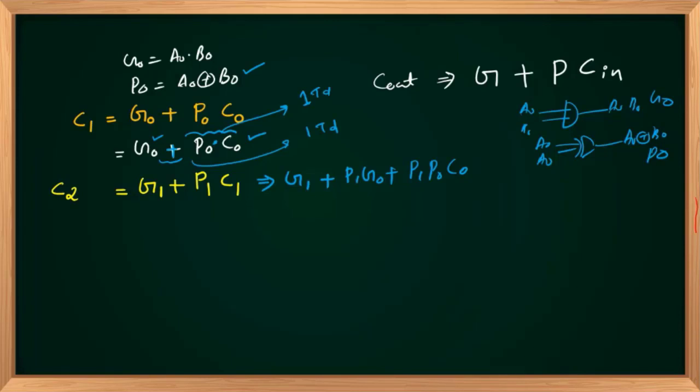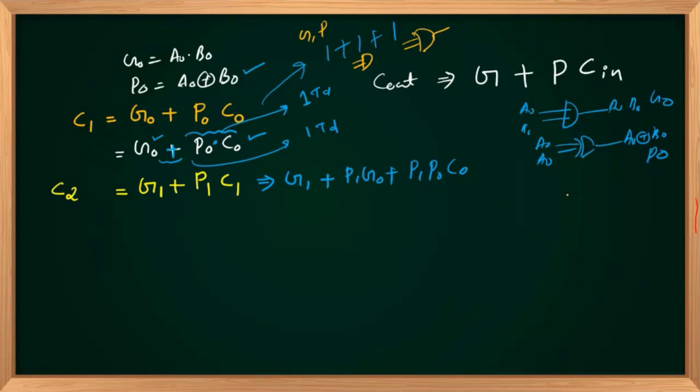So I will write it as 1 plus 1 plus another 1. The first one corresponds to G, P. The second one corresponds to the AND operation. The third delay corresponds to the OR operation. Once the AND output is ready, then only can I OR it.